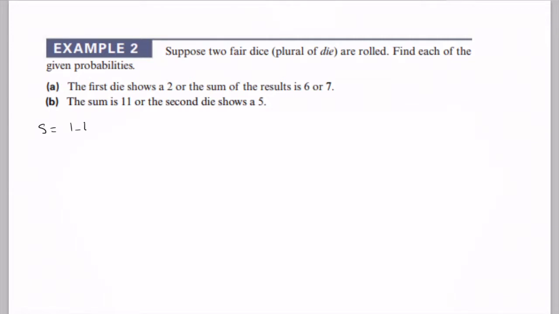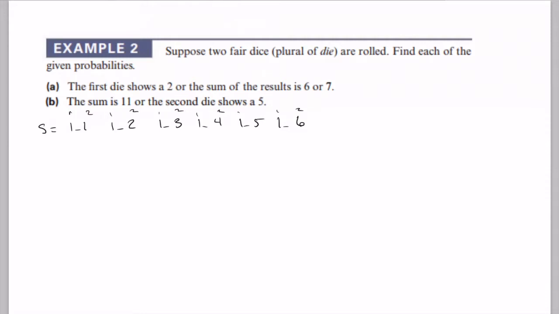So it's 1,1: one roll, one die lands a 1, the second die lands a 1. 1,2, 1,3, 1,4, 1,5, 1,6. So this represents the first die. This represents the second die.